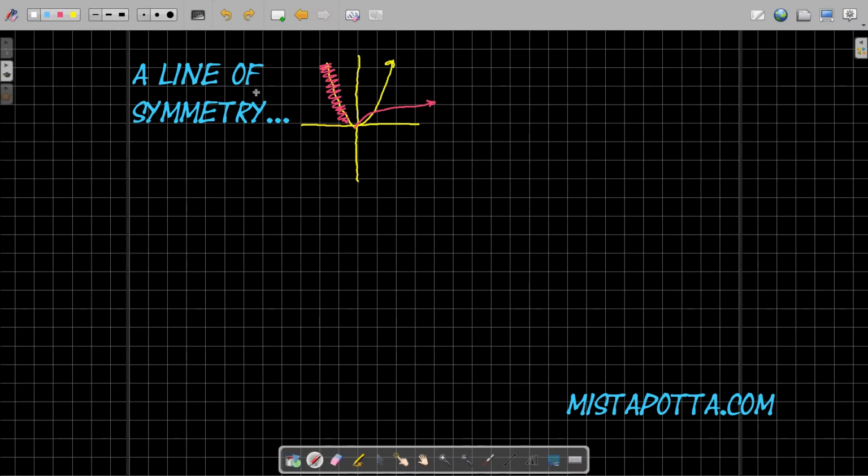And one of the things that we notice is that we have a line of symmetry that passes through the origin, where basically all the points that were below the line of symmetry, these yellow points, end up reflected above the line of symmetry. And all the points that are above the line of symmetry end up getting reflected below the line of symmetry.